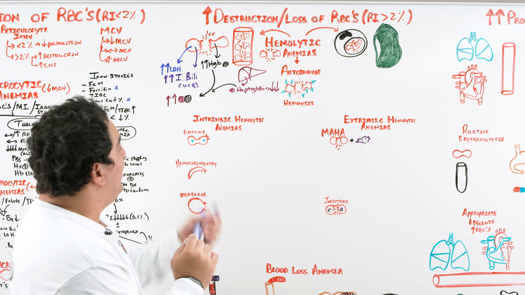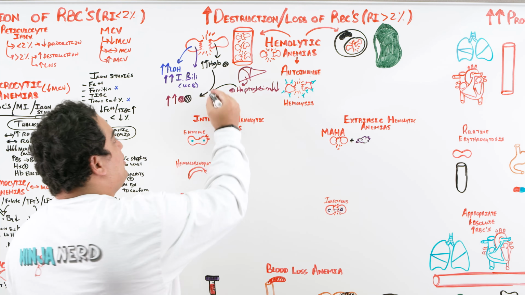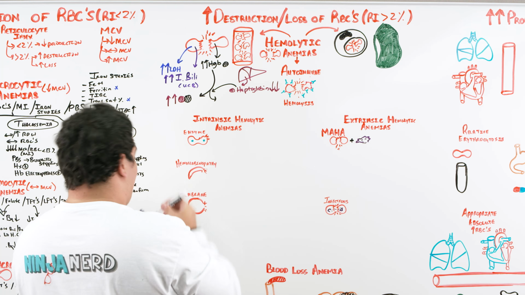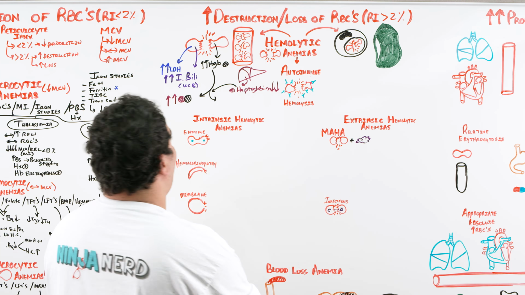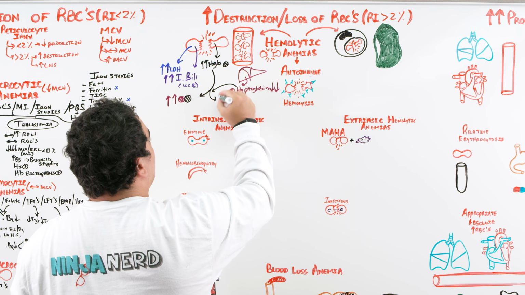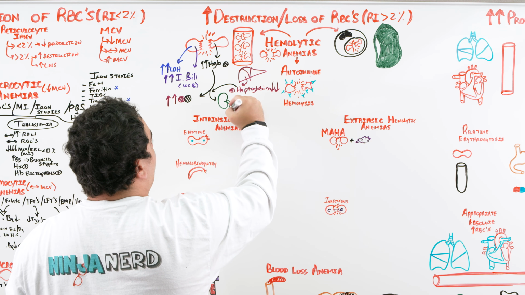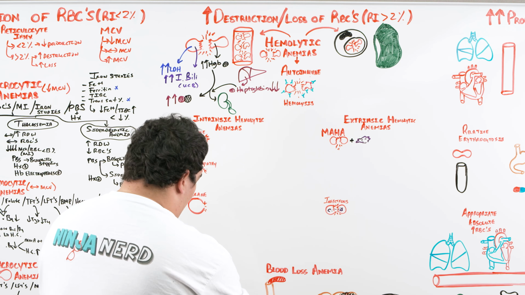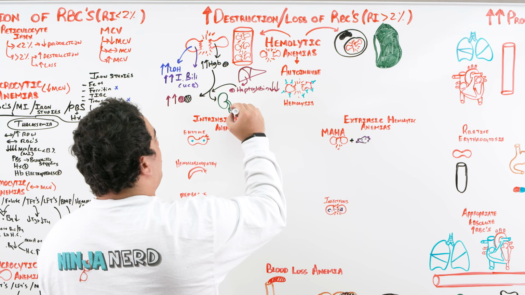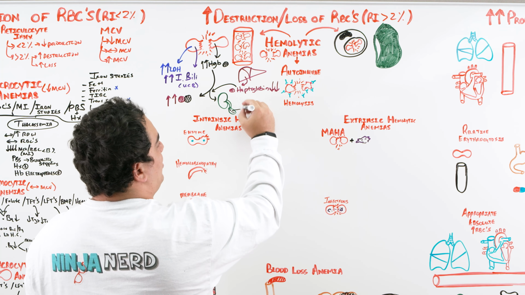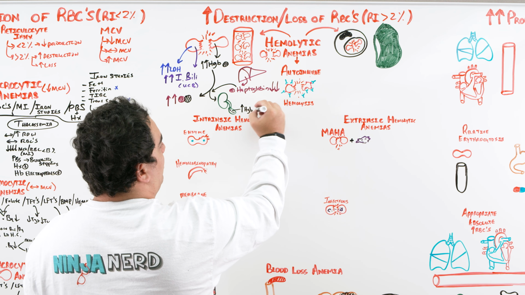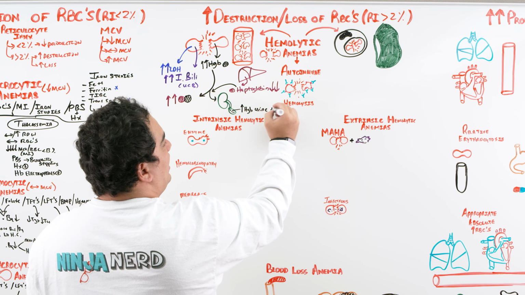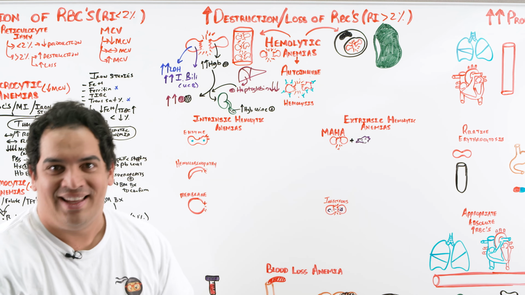The other thing is some of this hemoglobin gets to your kidneys, and you can pee out some of that hemoglobin into the urine. So the hemoglobin inside of your urine will also be elevated. Sometimes we call this hemoglobinuria.